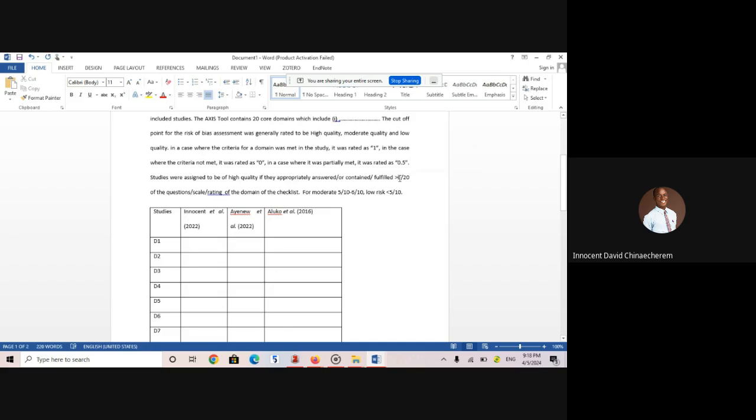You can do your cutoff point from 14 to 20, then you might decide to do your moderate from 9 to 13 over 20, then less than 9 over 20 is low quality. Right? Beautiful.